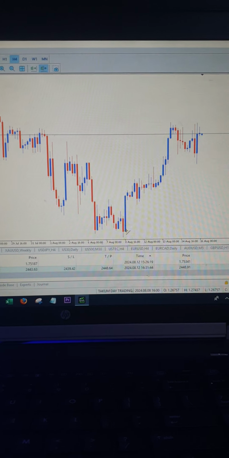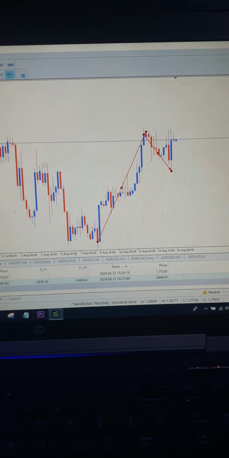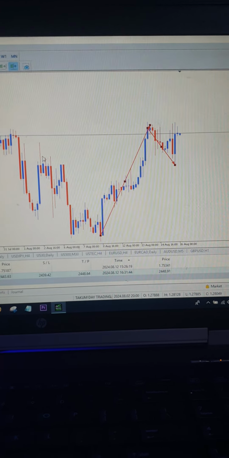When you look at the graph, we are now forming higher highs and higher lows. So when you look at it, the market is breaking structure. It's no more forming lower, because this high is higher than this previous lower high.